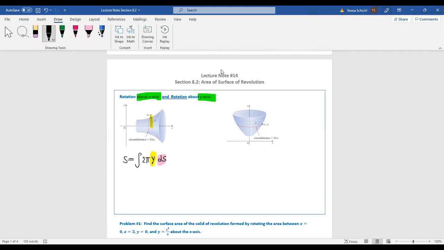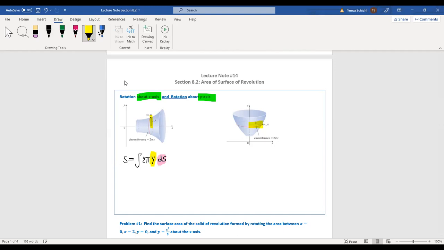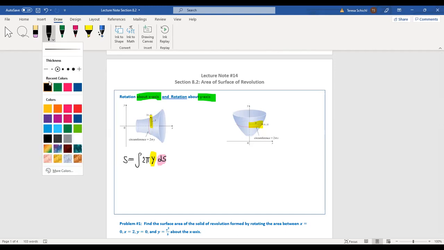In the same way, if you are rotating along the y-axis here, where is your radius? Here is your radius, correct? Then the surface area here will be what?